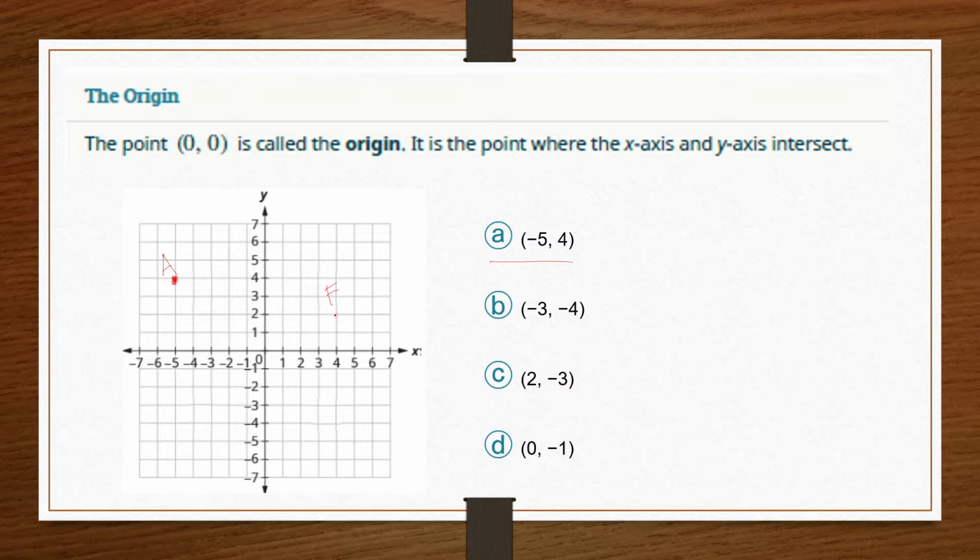The particular location that describes that point would be 4 units of movement in the right direction along the x-axis, and then 2 movements forward in the y direction. So we could say 4, 2 would be a representative coordinate pair to represent that point.